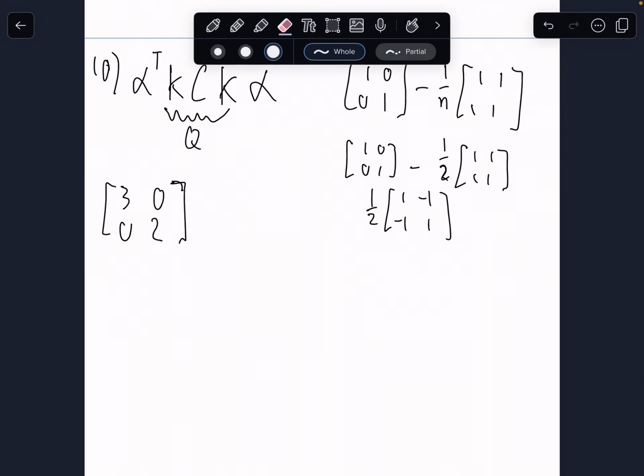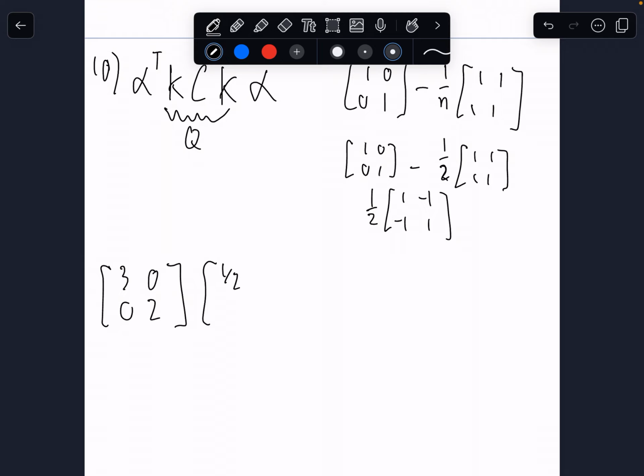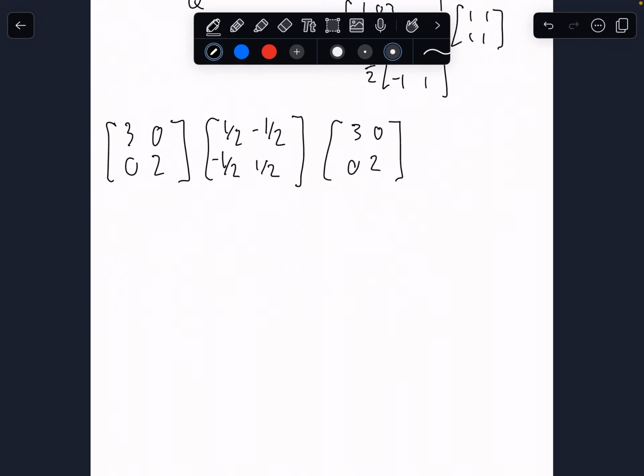So then let me move this down a bit more. Q is now, for starters, 3, 0, 0, 2 times 1 half, -1 half, -1 half, 1 half, times 3, 0, 0, 2. Now we gotta multiply these. Okay, so this should give us 3 halves, -1, -3 halves, 1.